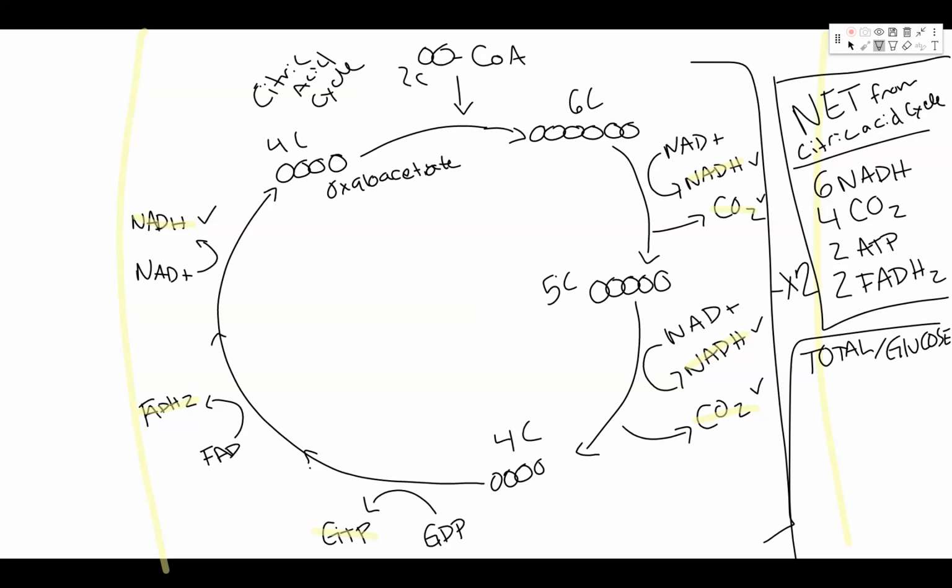We've got 2 NADHs from our oxidation of pyruvate, and we've got 6 NADHs from our citric acid cycle. So we've got 10 NADHs. The only FADH2s come from the citric acid cycle, so we still only have 2 FADH2s.